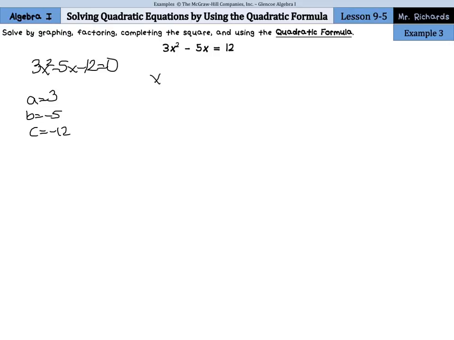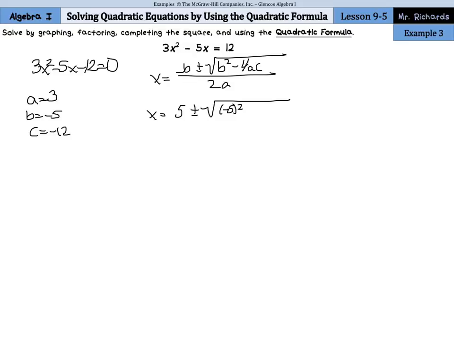And for the quadratic formula, x equals negative b plus or minus the square root of b squared minus 4ac, all divided by 2a. And now we substitute in. The negative of negative 5 is positive 5, plus or minus the square root of negative 5 squared minus 4 times 3 times negative 12, all over 2 times 3.